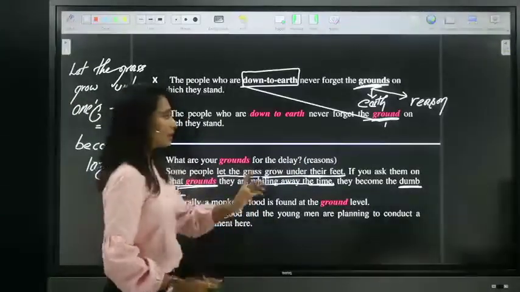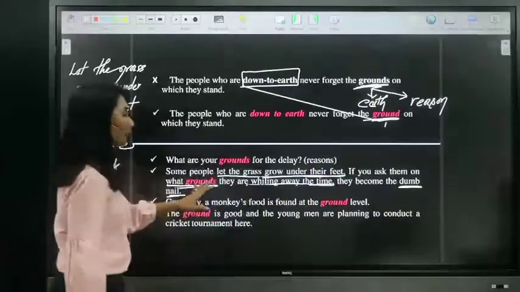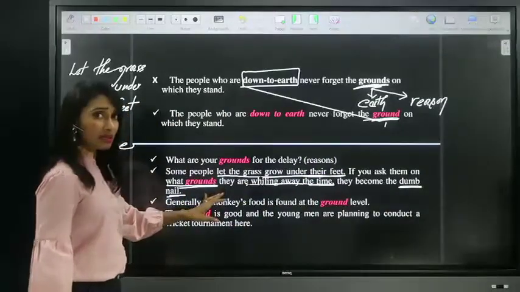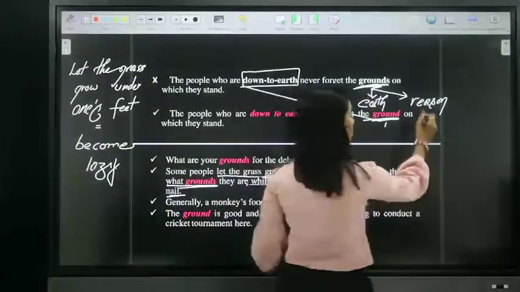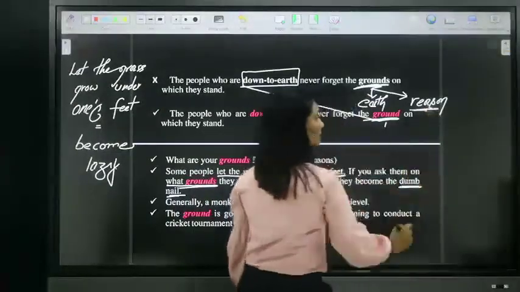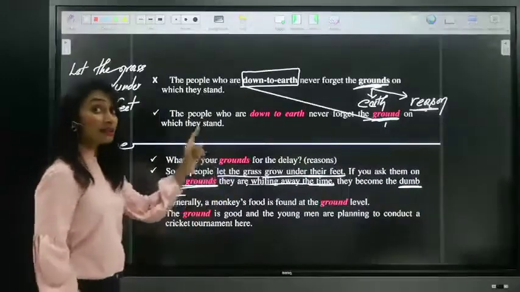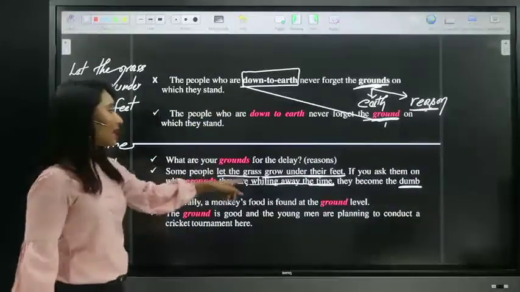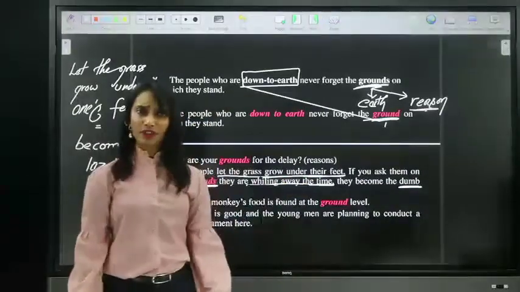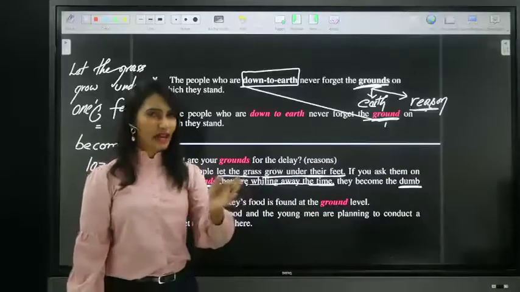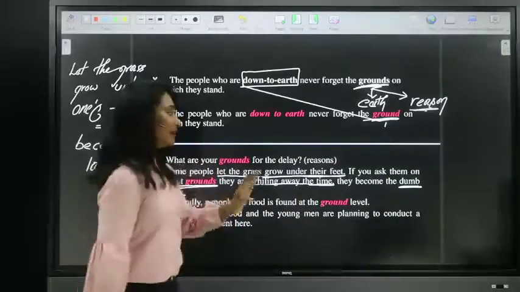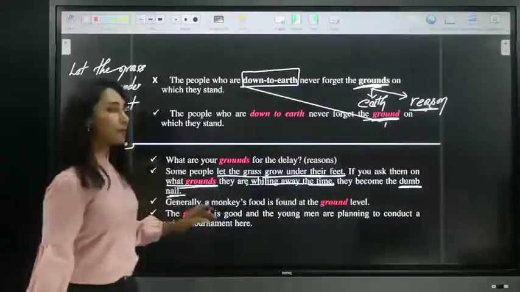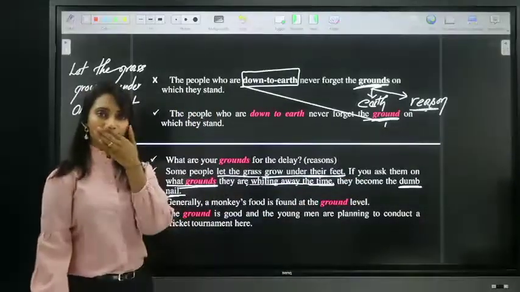If you ask them on what grounds, here what does it mean? Just now we discussed, grounds also give the sense of reasons. So what grounds means what reasons? They are whiling away the time, passing the time wastefully. They become the dumb nail. What is dumb nail?